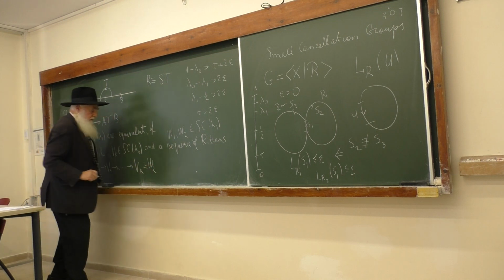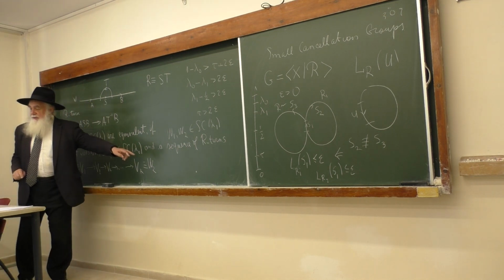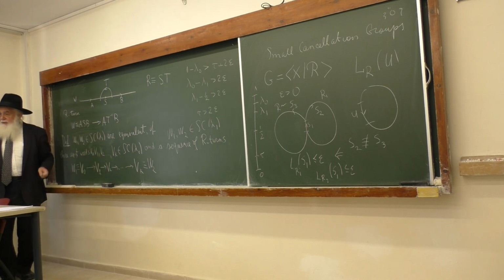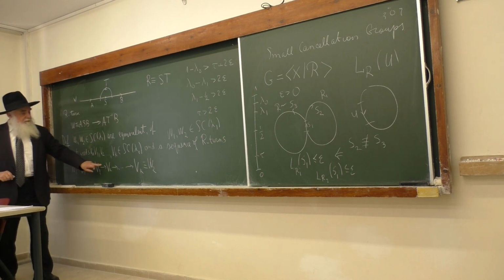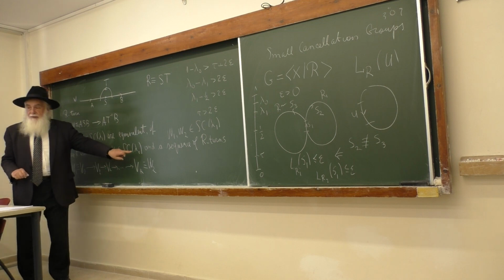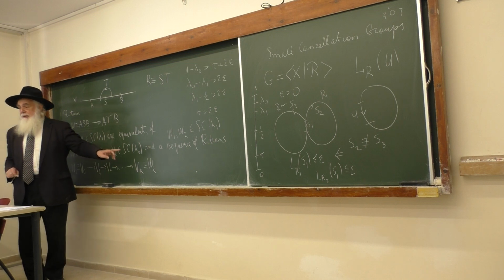So we can reach W2 starting with W1 through a sequence of R-terms subject to the condition that all intermediate words belong to SC of lambda 0. They are semi-canonical with a parameter lambda 0.